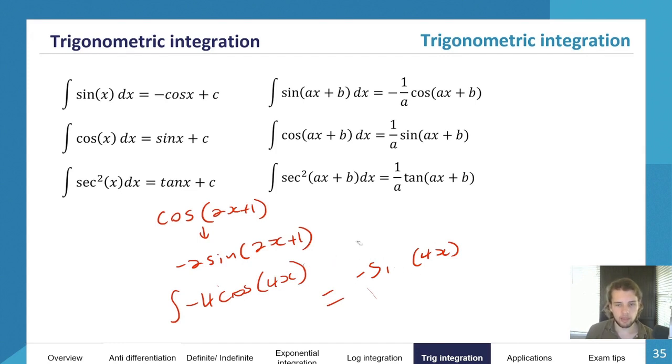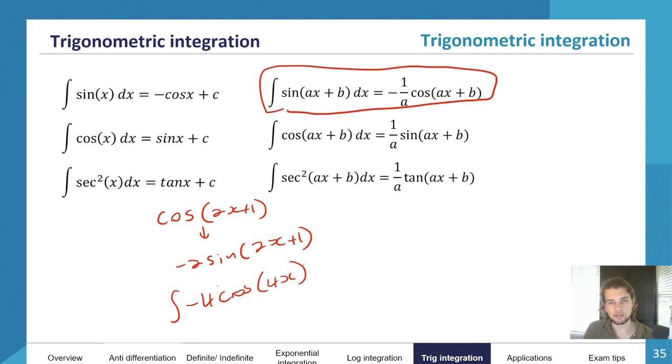The best way to get an intuitive understanding of these very simple, familiar 'integrate this' questions is to understand how to differentiate. And then if we can differentiate, we can probably reverse differentiate. We can anti-differentiate.